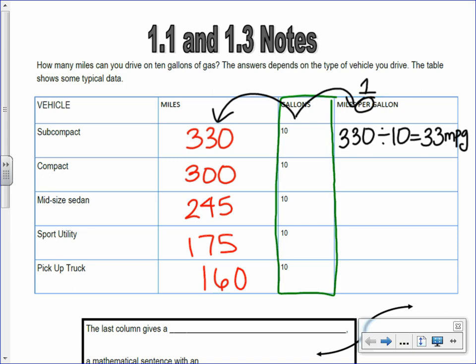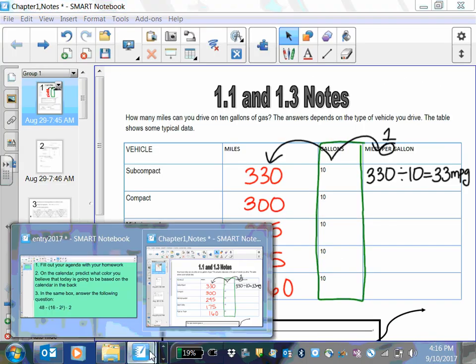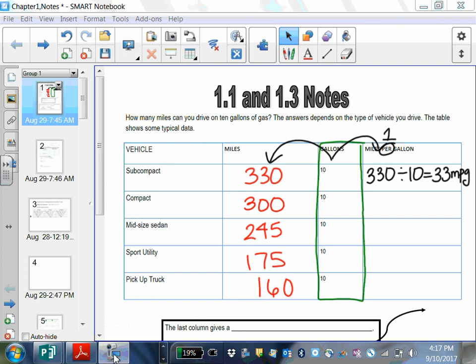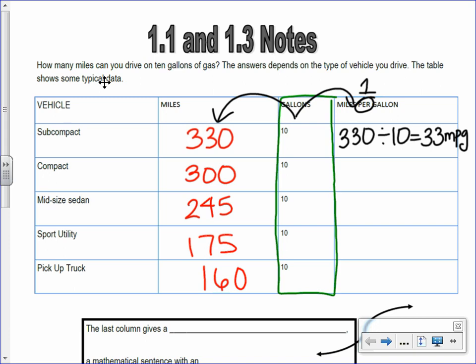Hopefully that's what you did. So I am going to let you do the rest based on what I just did. Try to figure out the rest, and I'll come back here in a second. So hopefully you said it is 300 divided by 10, which is 30 miles per gallon. You always want to label there.